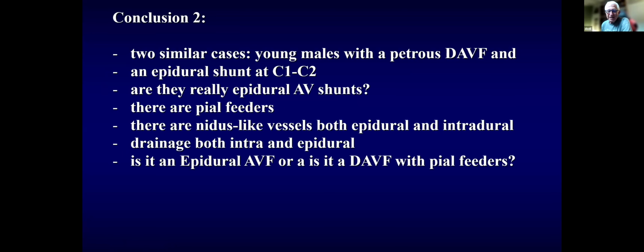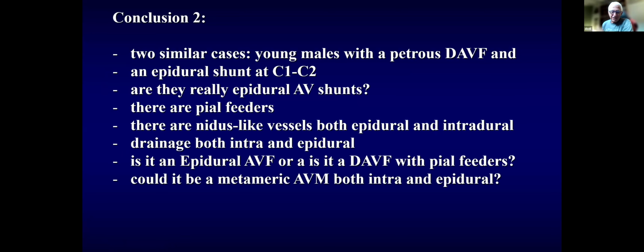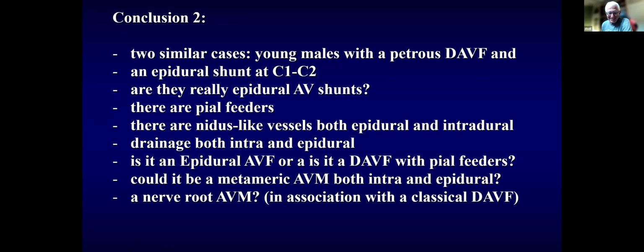So is it an epidural AV fistula, or is it a dural AV fistula with pial feeders? Or could it be a metameric AVM, both intra and epidural, or a nerve root AVM in association with the classical dural AV fistula intracranial?